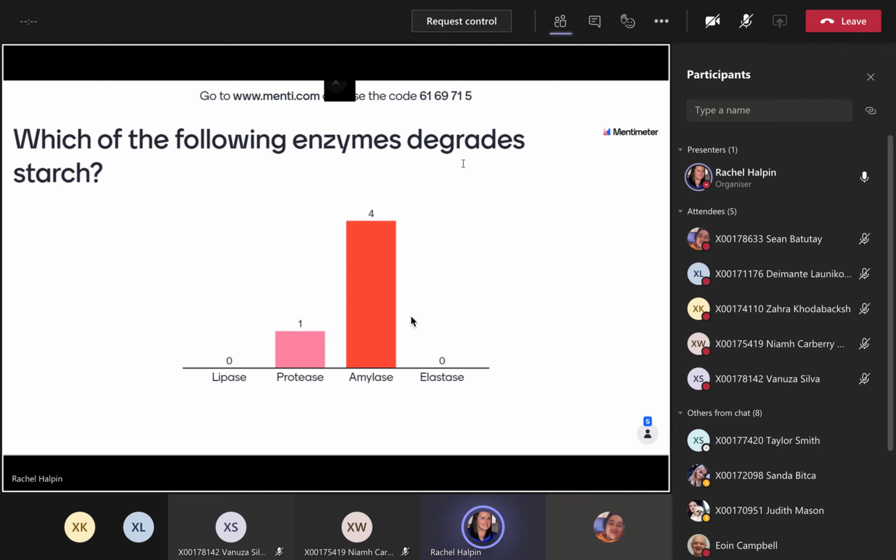Okay, so protease is incorrect, whoever selected that. Protease degrades proteins, lipase degrades lipids. Amylase is the correct answer. It's the one that degrades starch. And elastase is a different enzyme. It's not associated with any of the big molecules. So well done, guys.